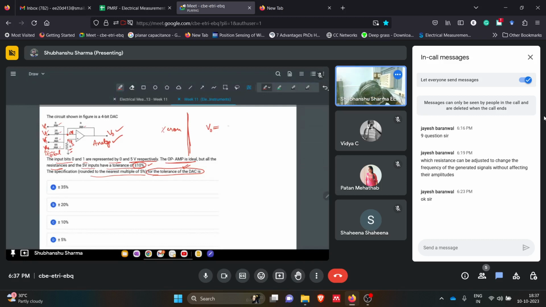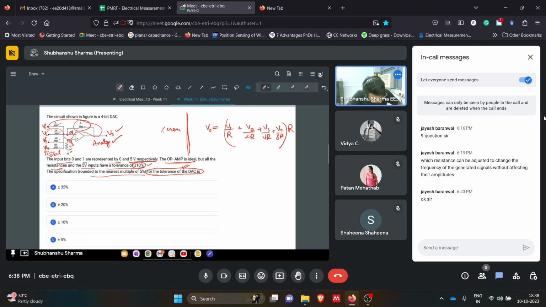So it will be V1 by R plus V2 by 2R, V3 by 4R, V4 by 8R, into R, because we have this at the feedback. Let me check if this is right or not. You can also tell me if you have found the solution.